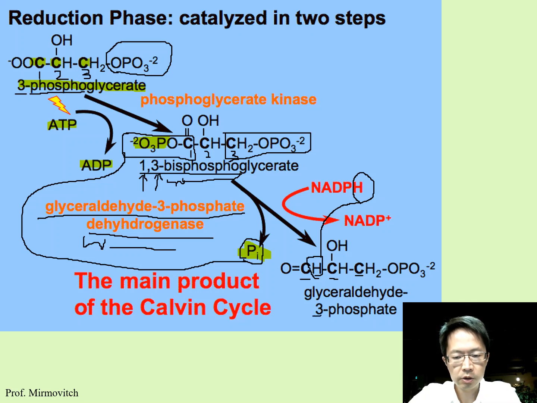Again, the number 3 here tells you that the phosphate group is attached to carbon number 3 here. This is carbon number 2. This is carbon number 1. Okay? So that's G3P, called glyceraldehyde 3-phosphate.